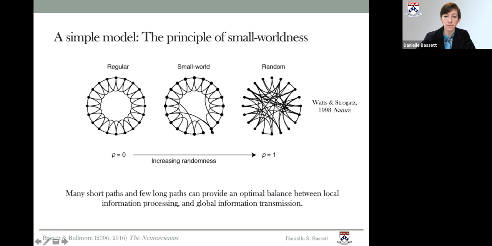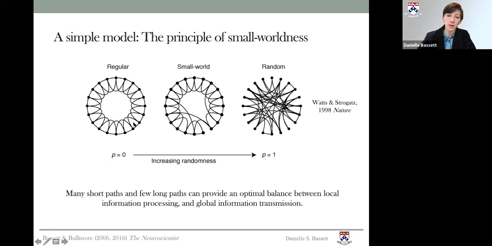And that's possible because of these long distance connections that you can see inside of this ring lattice network. Now, what Watts and Strogatz did is that they showed that you could begin with a regular network. Here's a regular ring lattice where every node is connected to its k nearest neighbors. And then you can start rewiring that network with some probability, starting at p equals 0 and then up through p equals 1.